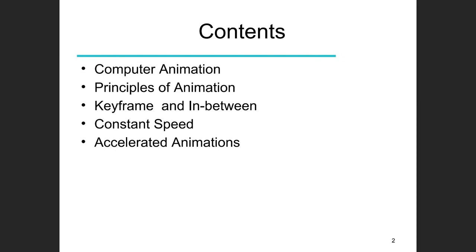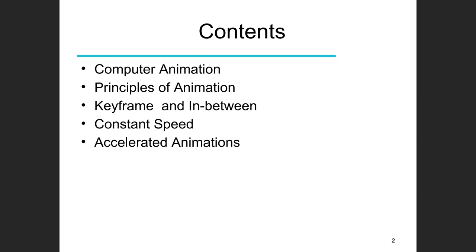We will see computer animation: what is the definition, what is the idea, what are the principles of animation, and how we see that something is moving uniformly and consistently by using a sequence of frames or images. We will discuss a very important concept in animation, which is called the keyframe and the in-between.